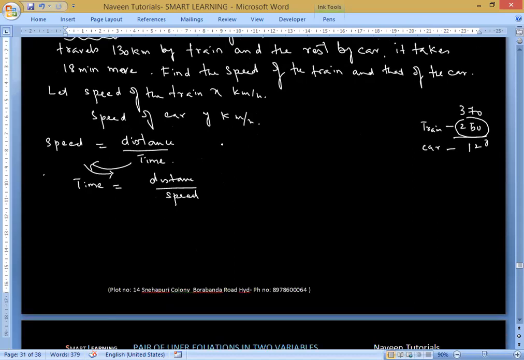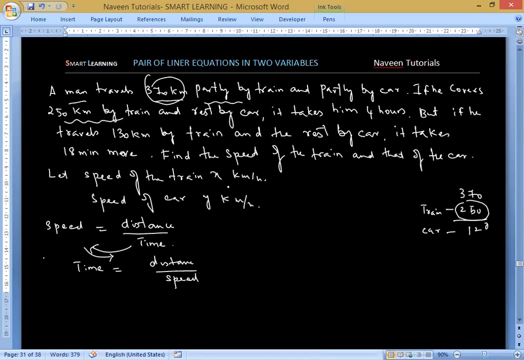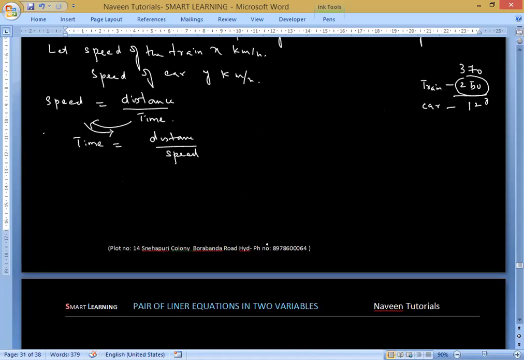Right. Then, partly by train and partly by car, the total time taken by the person is 4 hours. So first we'll talk about the train, then again the car.